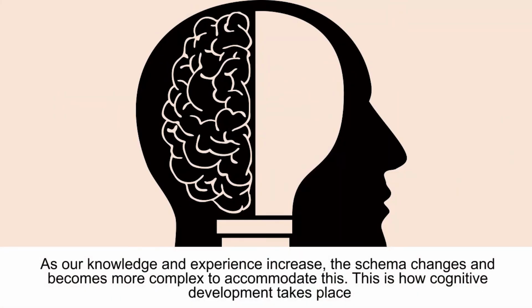As our knowledge and experience increases, the schema changes and becomes more complex to accommodate different things that come up in the learning stimuli, in the learning environment or milieu.